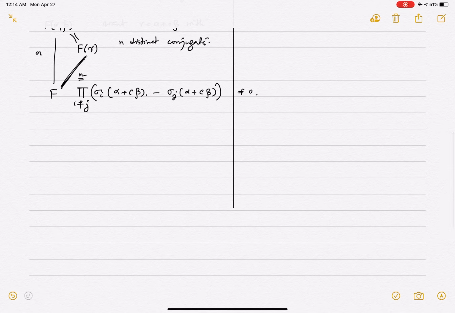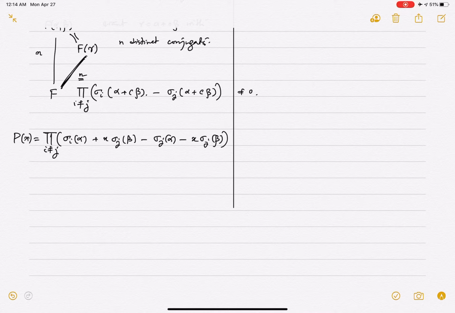So look at this polynomial. I want to take the product over all i not equal to j. I want this polynomial to be non-zero for some c in F. That's what this says.